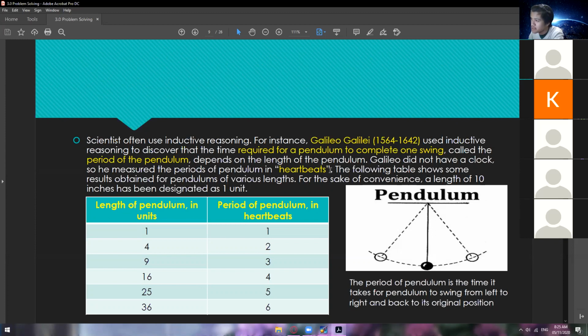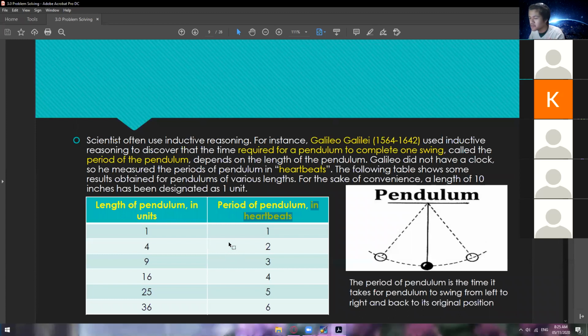As you can see, he came up with another basis, using his own heartbeat. If he has 1 unit, which is 10 inches, you just multiply it by 10. So 1 unit is equivalent to 1 period of the pendulum, which is the same as his heartbeat. Take note, it is Galileo Galilei's heartbeat, because all of us don't have the same heart rate.